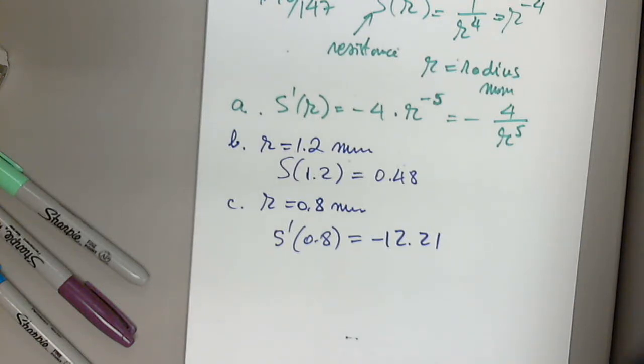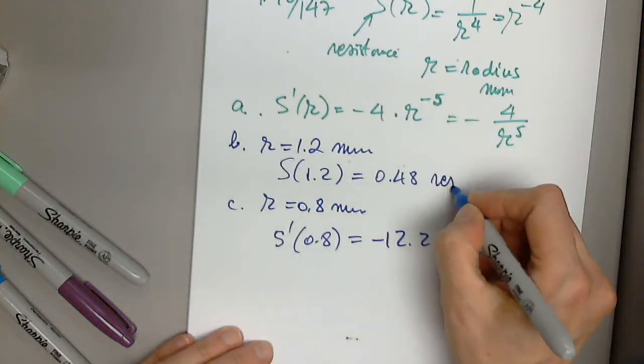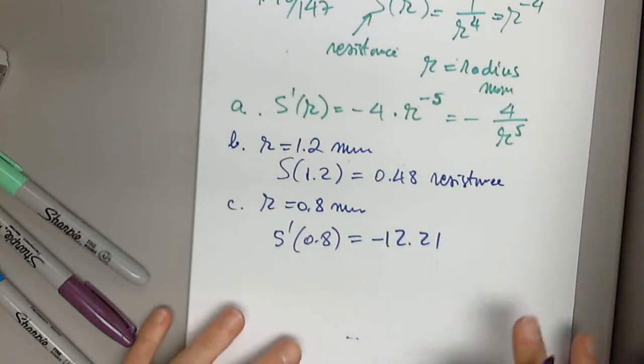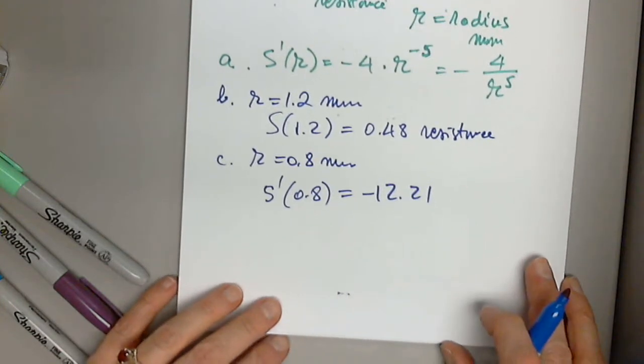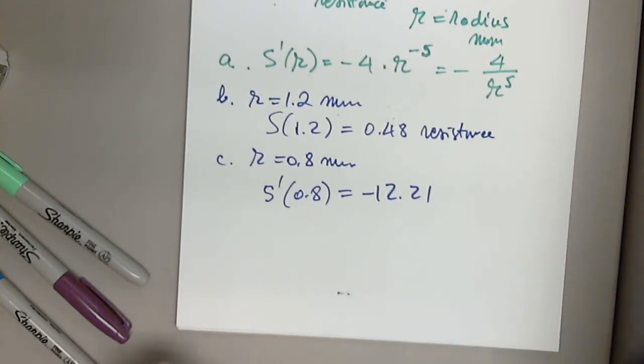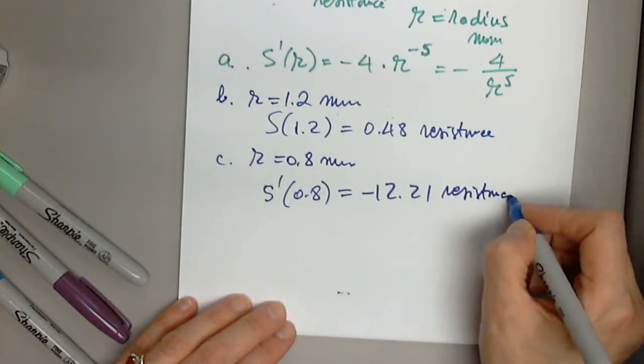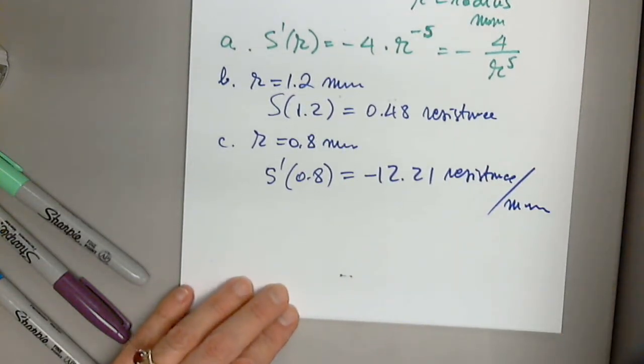It doesn't give us a measurement unit, so I'm going to say resistance to blood flow, okay? And the second one is resistance in millimeters per millimeter. Yes, because it's the rate of change of resistance with respect to radius. So resistance per millimeter.